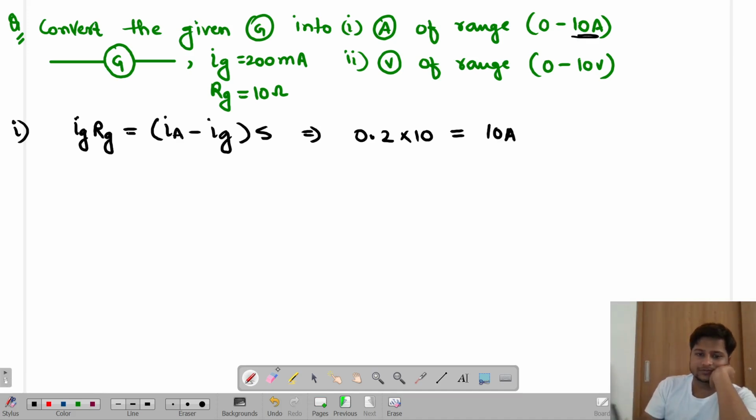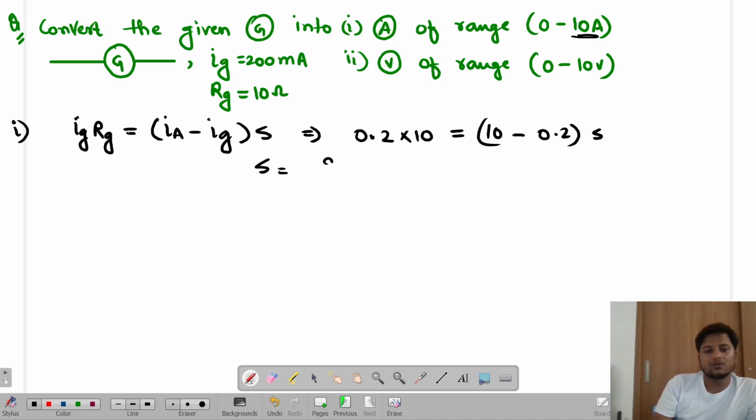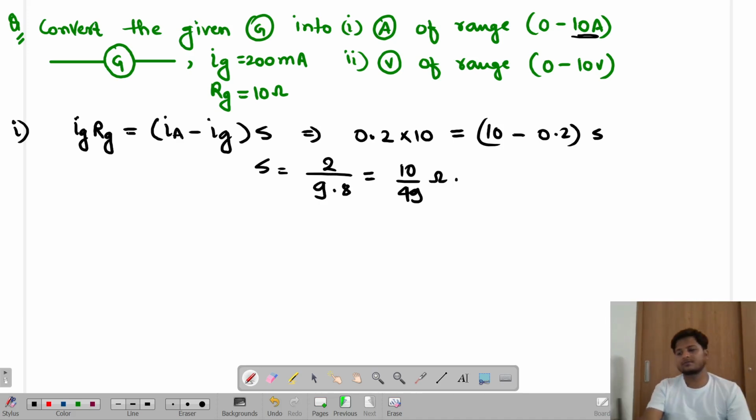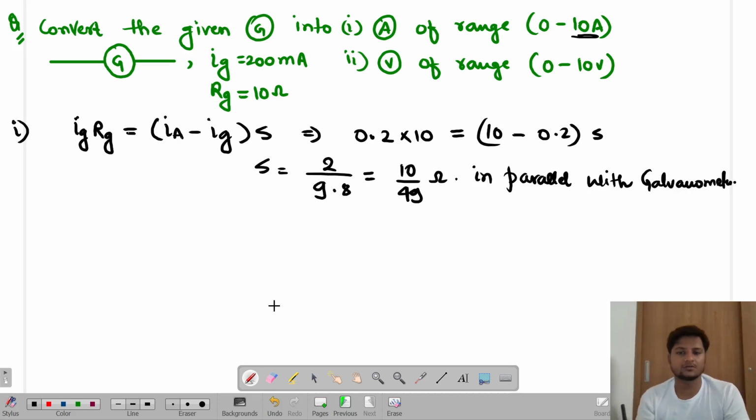Ig is once again 0.2 into my shunt. Good. So basically shunt is equal to 2 by 9.8, which means this is equal to 10 by 49 ohms, isn't it? But in which way? In parallel with galvanometer. Are you able to get me?